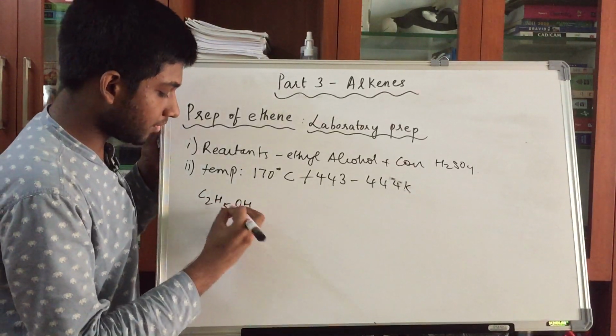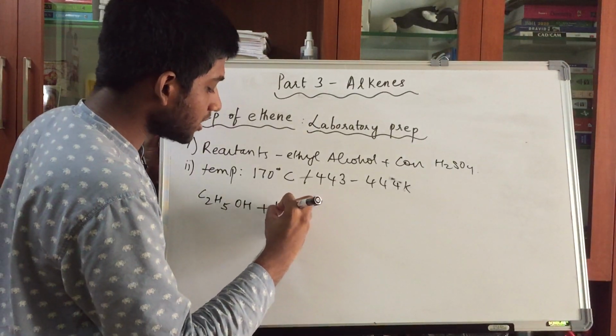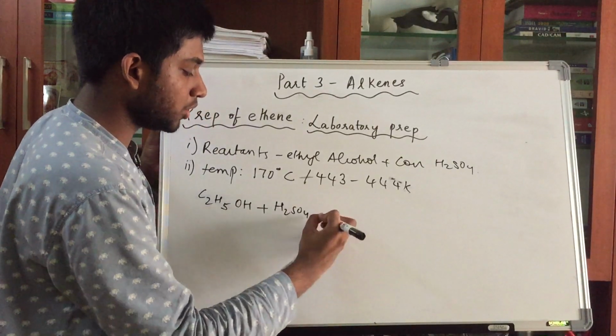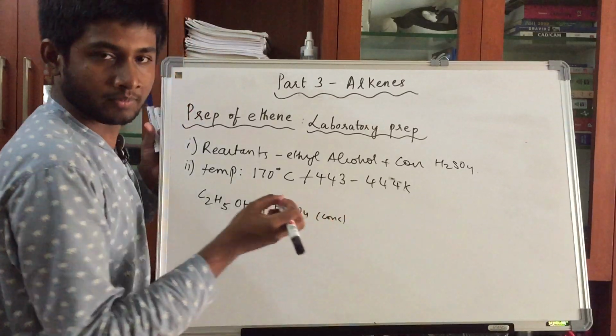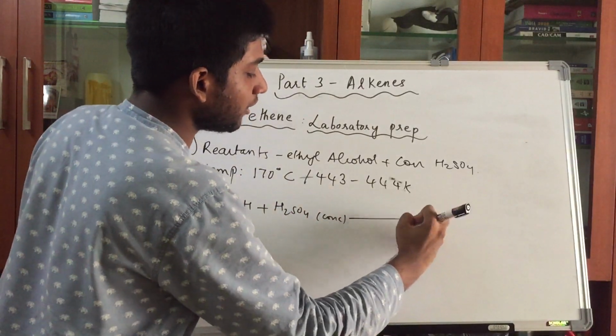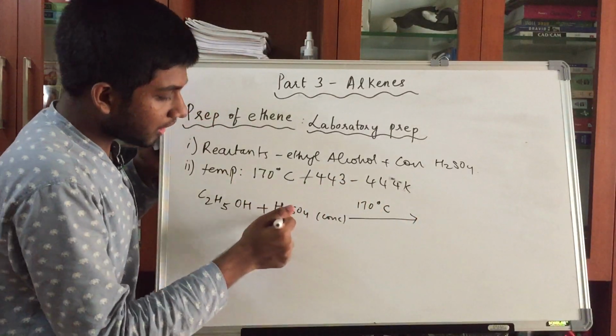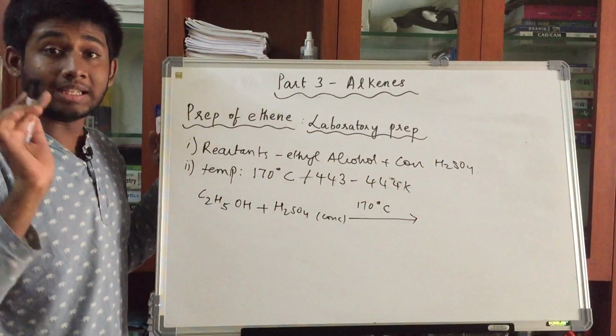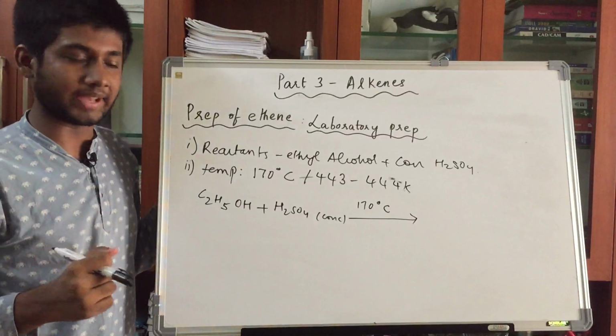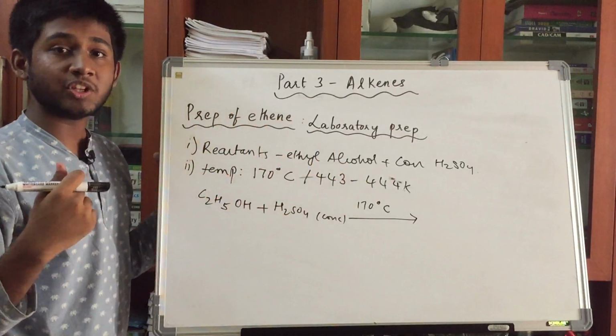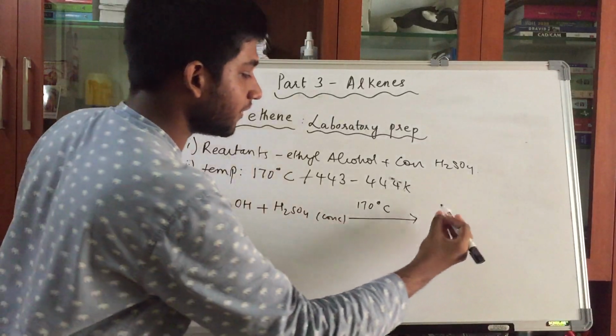The first way of writing is in terms of two steps. It will be C2H5OH plus concentrated H2SO4, which we write as H2SO4 (conc.), and over the arrow you write 170 degrees Celsius. Or if you don't show the two steps in specific, you can write the H2SO4 under the arrow. The way in which you write it is you have C2H5 as such.